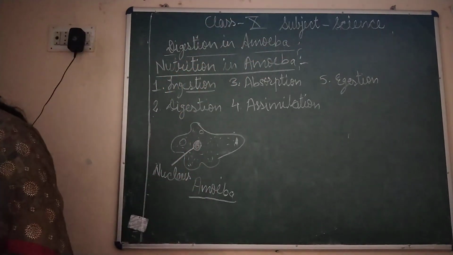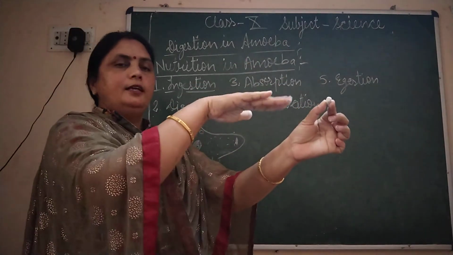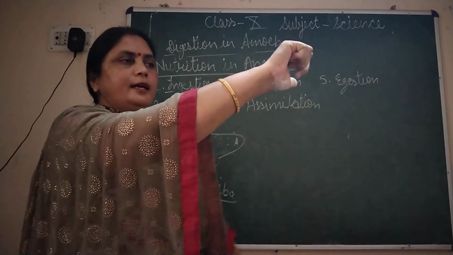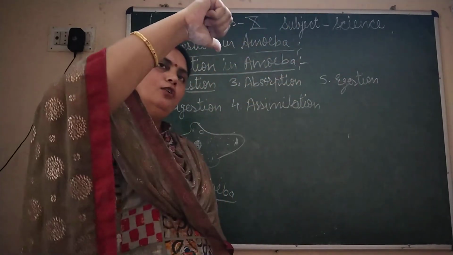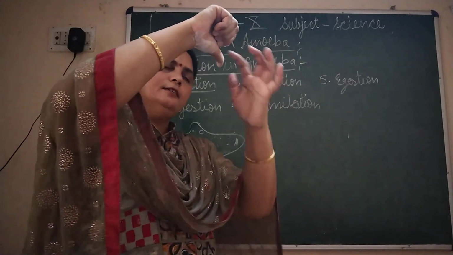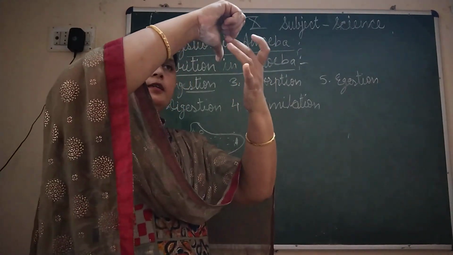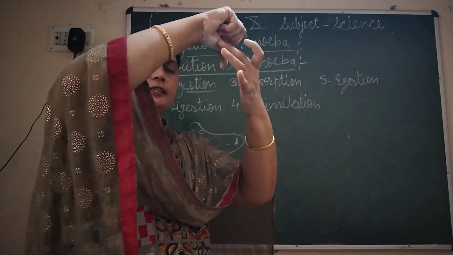I take a small piece of chalk. It is the food item, it is moving. Here is the pseudopodium, and now it will make a cup-like structure around it. Now, in this cup-like structure, what will happen? It has covered the food. Now this side and this side will join each other and be attached.